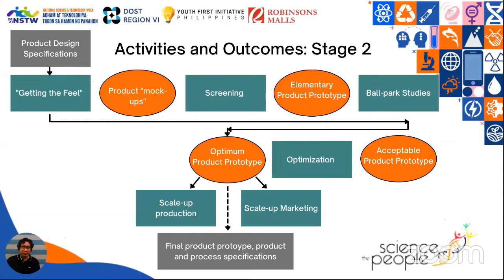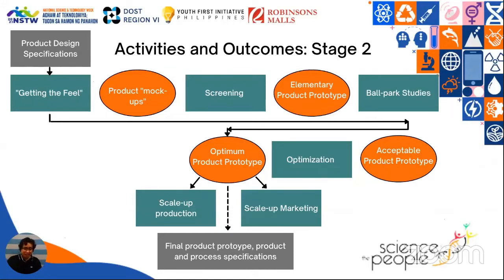So when we do optimization, yung gusto natin na makuha dito or ma-determine is the optimum processing conditions that would yield the best product. Okay, so optimization. So once we accomplish that, then we can have our optimum product prototype. And once we have the optimum product prototype, then we can start scaling up production and marketing.